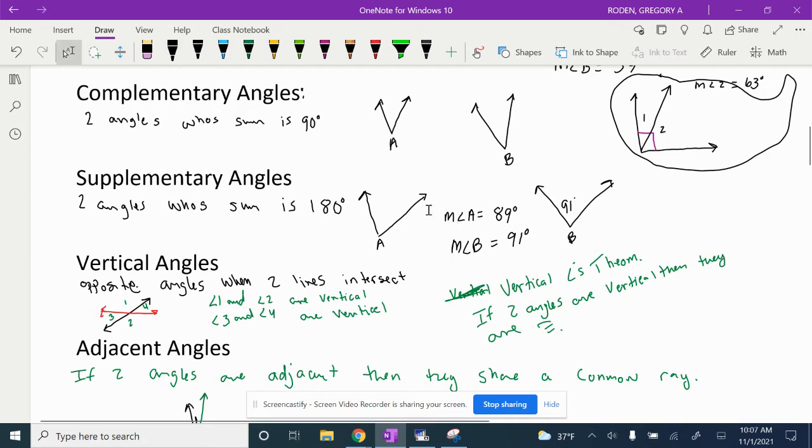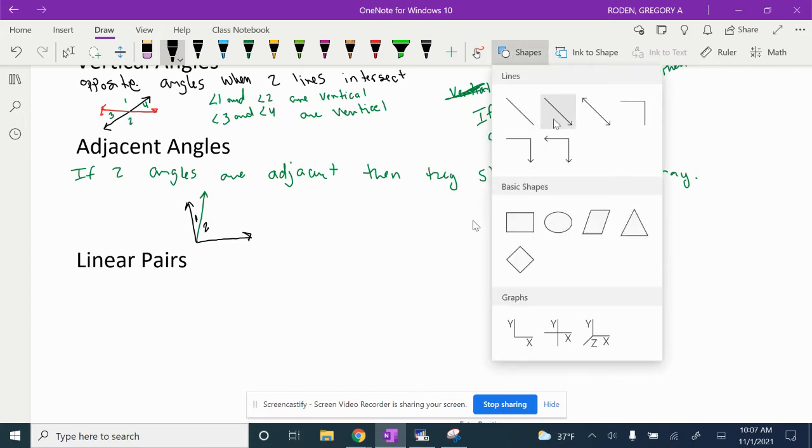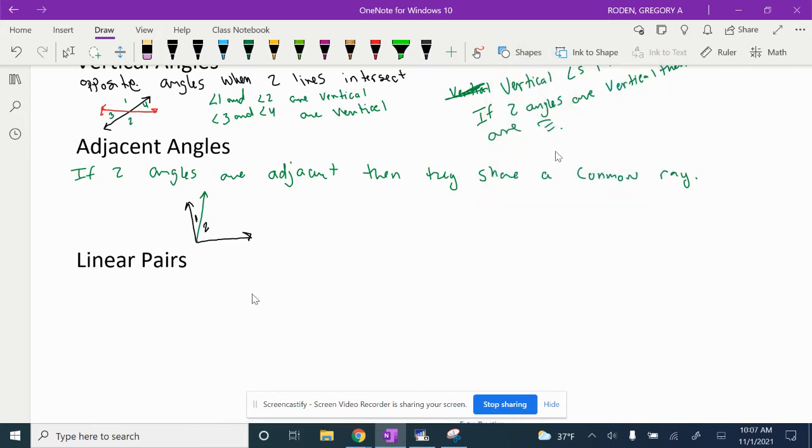Now, if we're talking about adjacent and supplementary, that's a very special situation, class.